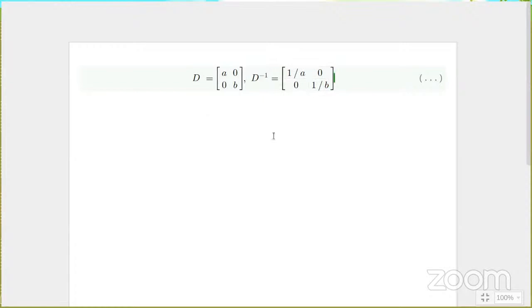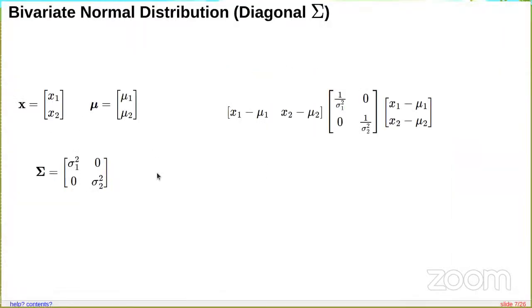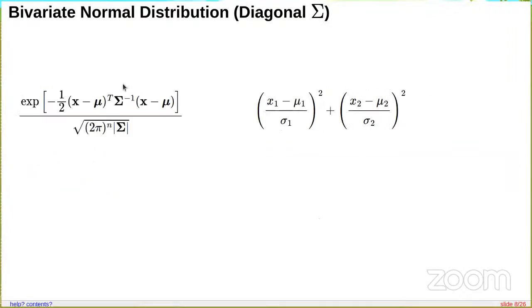This is a property of diagonal matrices. The inverse is the reciprocal of the diagonal elements. Just to verify it, you can multiply D with D inverse and you will get the identity matrix. A into 1 by A is 1, and 0 is 0. So this is sigma inverse.